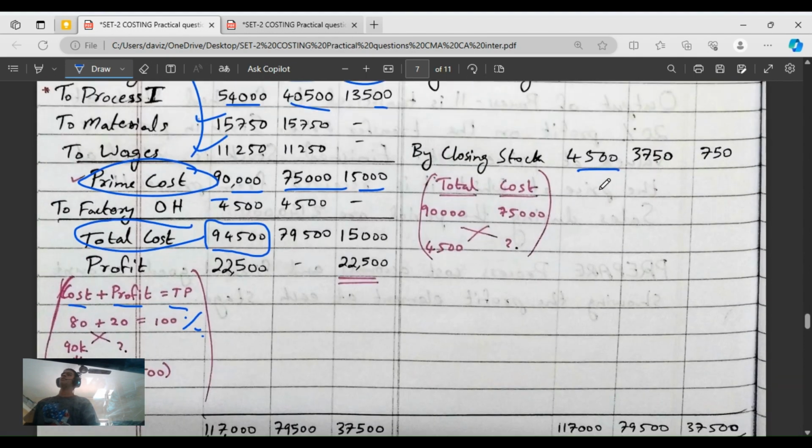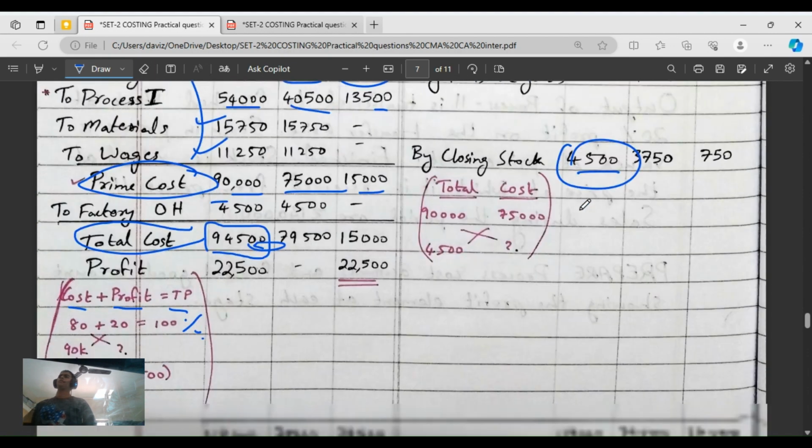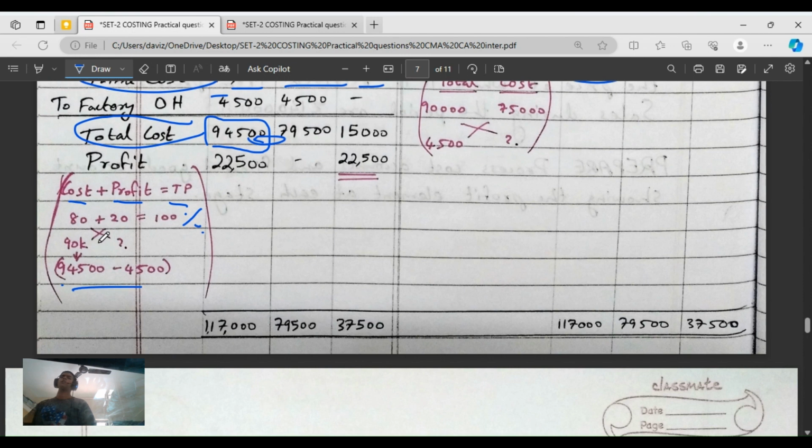But here also the closing stock of 4,500 we are not transferring to finished stock. So we minus it from the total cost. So 94,500 minus 4,500, we get 90,000. 90,000 into 20 by 80, we get 22,500 as profit.